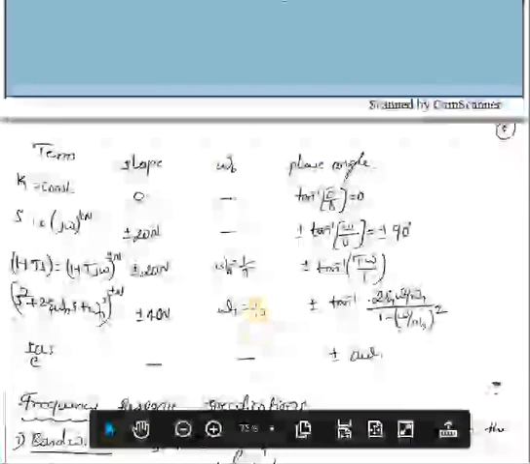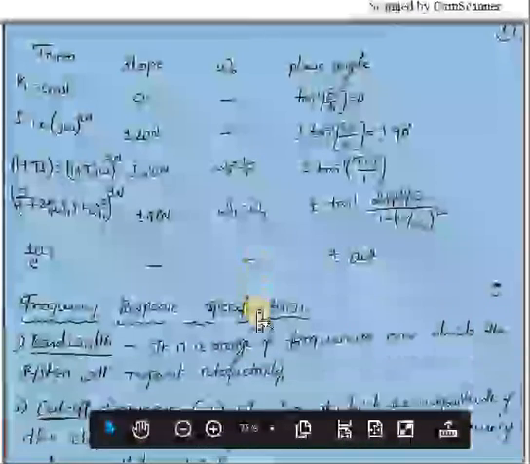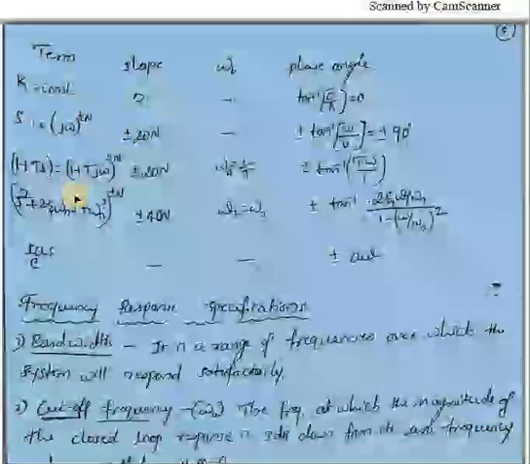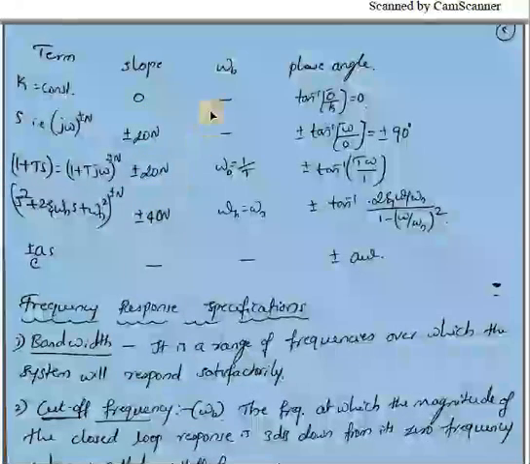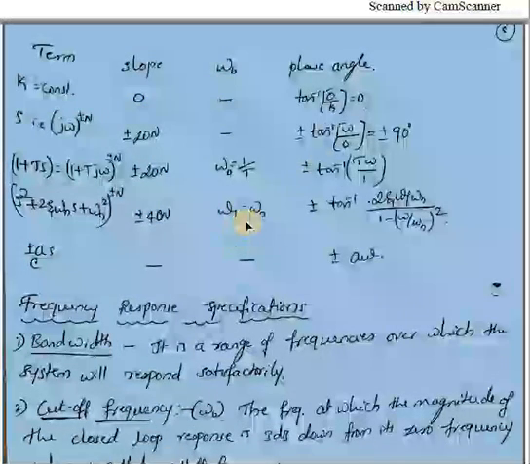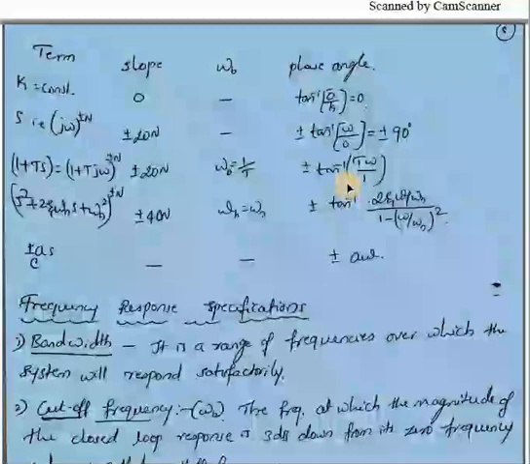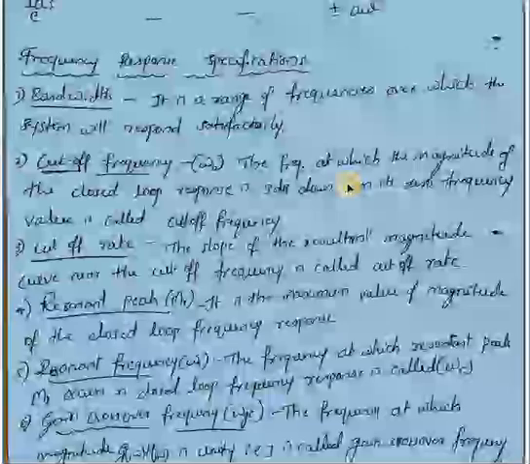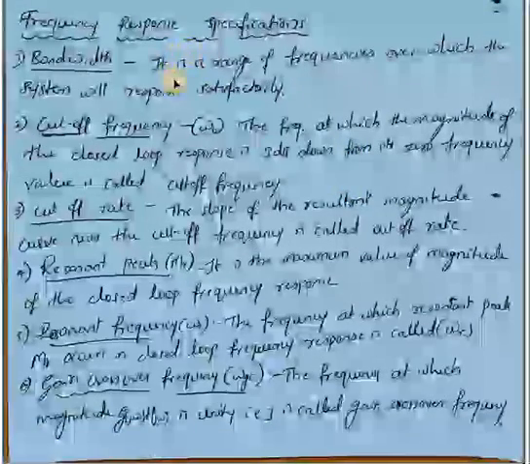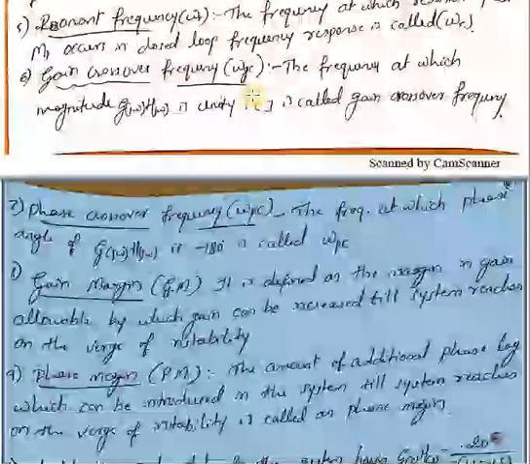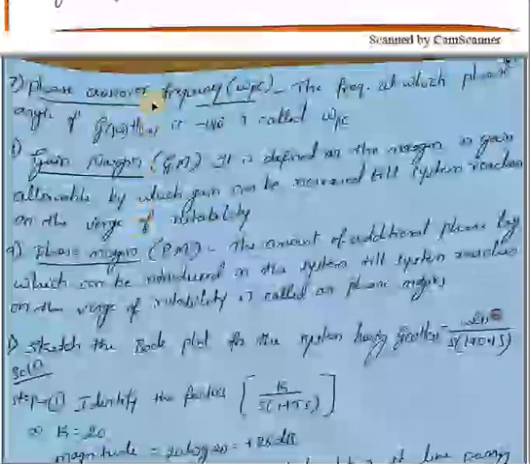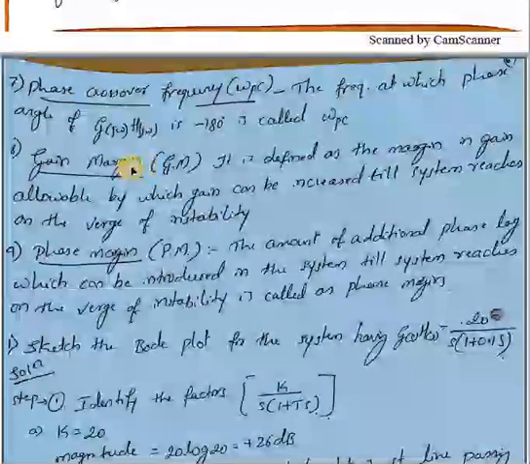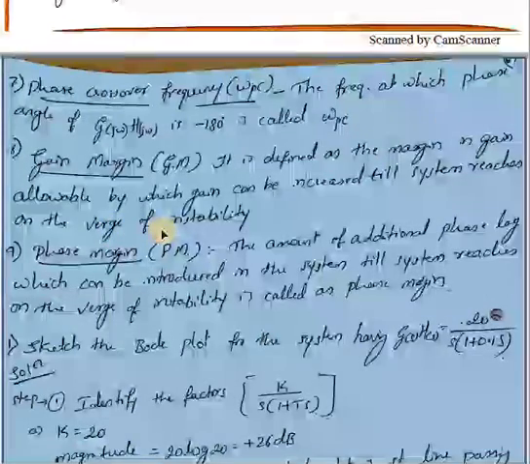Similarly, you need to remember this table, for different terms, what the slope will be, how to write the frequencies, and how to get the phase angle. After that, you need to understand these basic definitions or frequency response specifications. So try to remember these basic definitions. The more important ones are the gain crossover frequency omega gc, the phase crossover frequency omega pc, and what you mean by gain margin and phase margin.